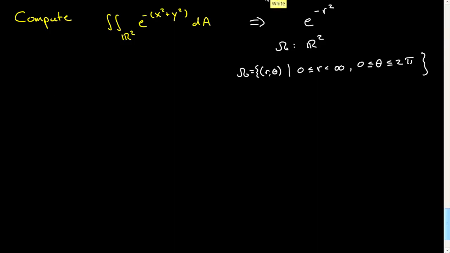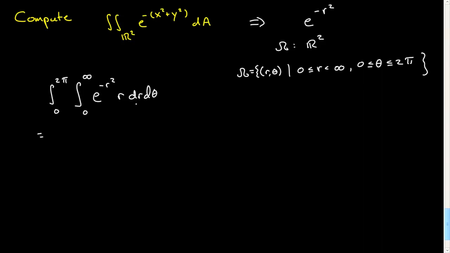So now we can do it rather quickly. What we're going to integrate now is theta from 0 to 2 pi, r from 0 to infinity. We have our integrand, e to the minus r squared. Now we have our area element, r dr d theta. You'll see that this r was crucial here.